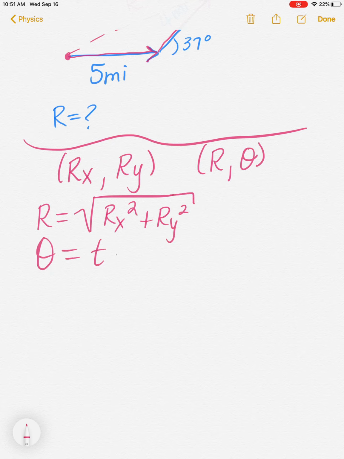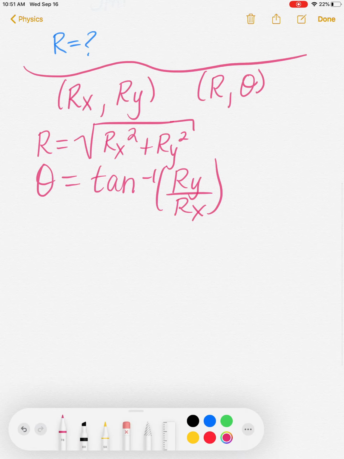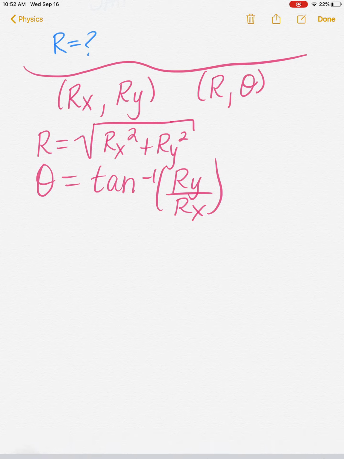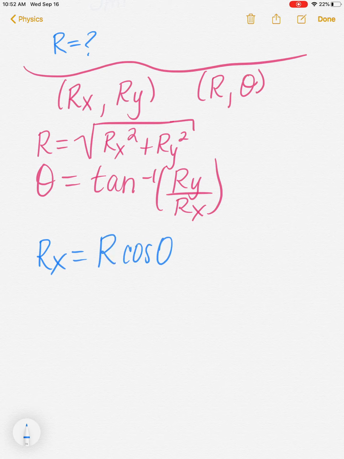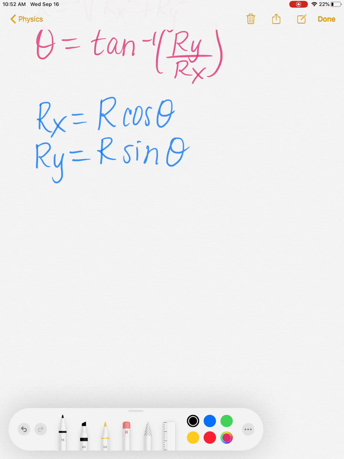And the theta would be equal to the inverse tangent of our Y over our X. Then if you needed the opposite, let's say you had the polar, but you need the XY, then the X component is going to be found by taking R times the cosine of theta, and the Y component is going to be found by taking R times the sine of theta. So let's see how to analytically add some vectors.